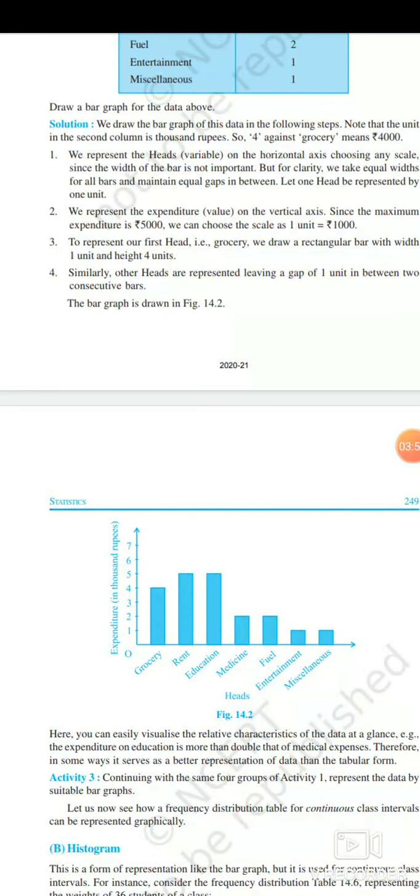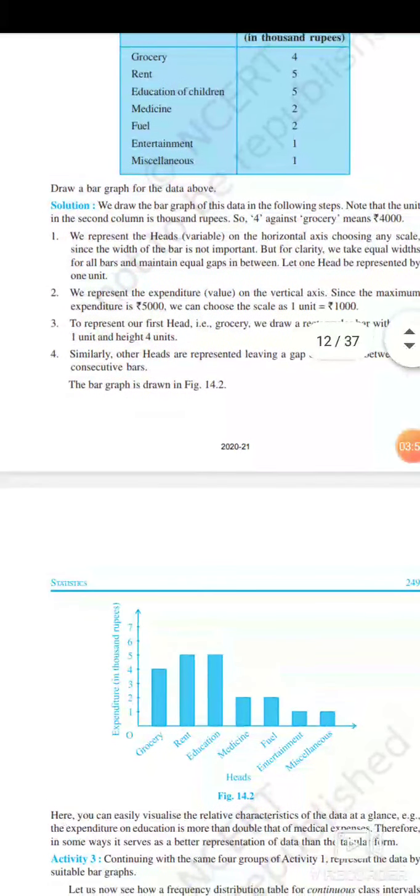The solution is given: grocery is 4, rent is 5, education is 5, medicine is 2, fuel 2, entertainment 1, miscellaneous 1. Using this you need to draw the graph.